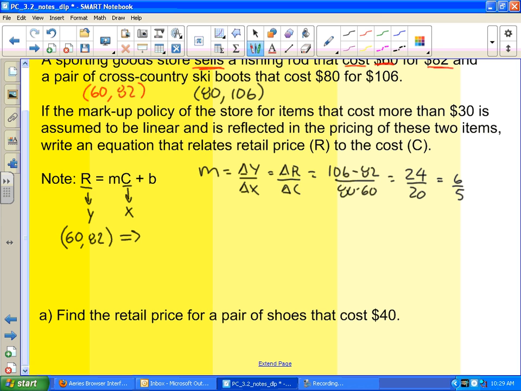We're going to set up y minus 82 is equal to m times x minus 60. Distributing everything, we have 6 fifths x. Oh, yeah, we're supposed to put it in slope intercept. And then 60 divided by 5 is 12, and 12 times 6 is 72. So I got rid of that other fraction there.